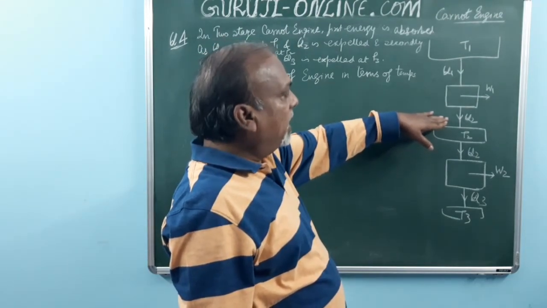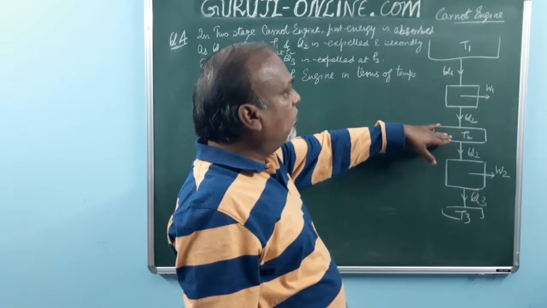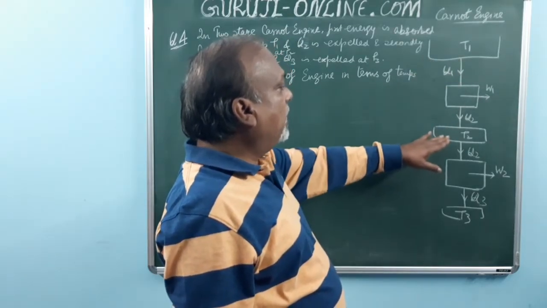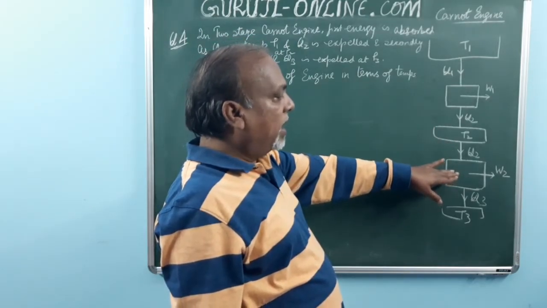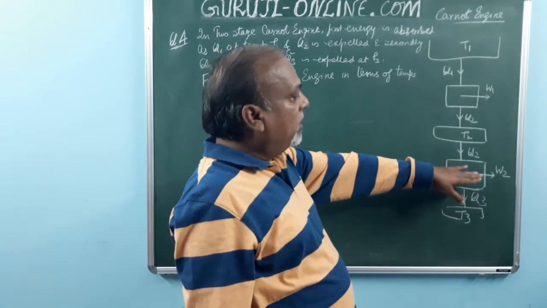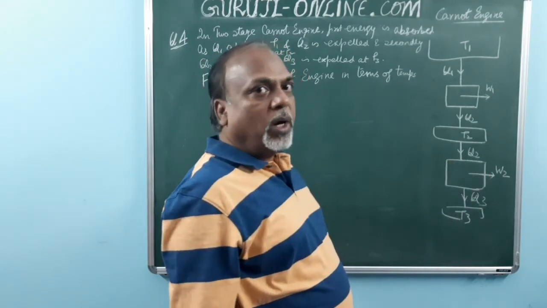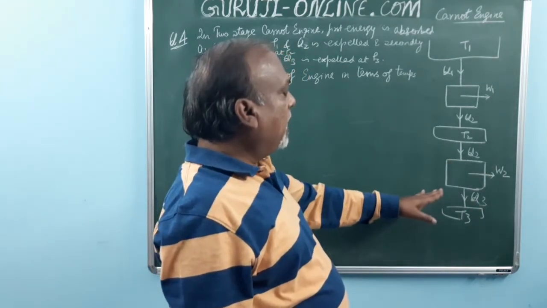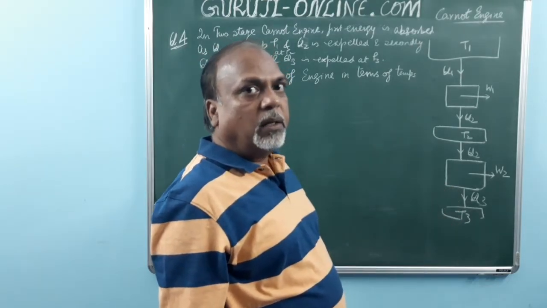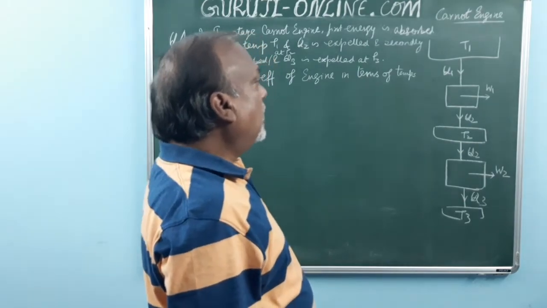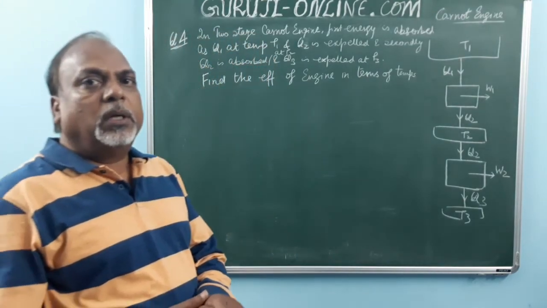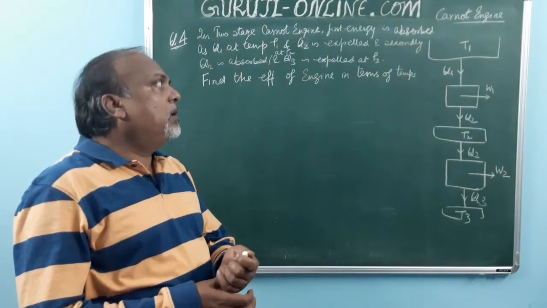And this expelled energy is at temperature T2. Q1 was at temperature T1. This expelled energy is then absorbed by the second stage, and W2 work is done, and this Q3 energy is expelled at temperature T3. So we have to find out the efficiency of this two-stage Carnot engine.